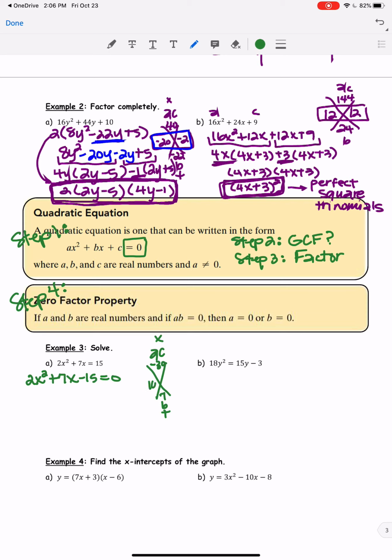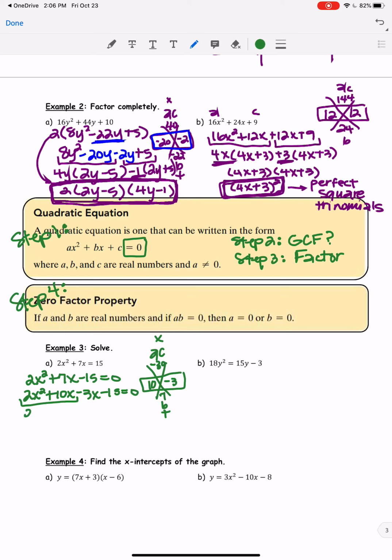And that is 10 and negative 3. So rewrite this middle term. So I've got 2x squared, and now this 7x becomes plus 10x minus 3x equals 15. And now factor by grouping.